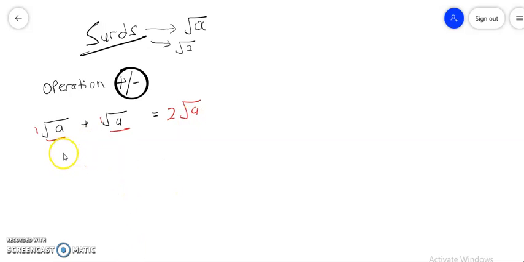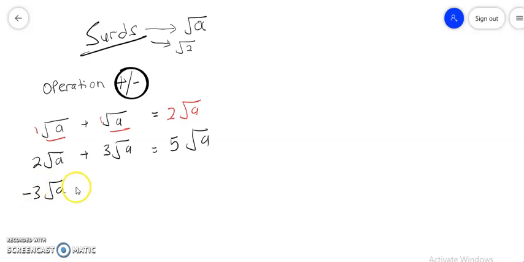Now we make the question a bit more complicated, like 2 square root of a plus 3 square root of a, which gives 5 square root of a. Negative 3 square root of a minus 8 square root of a becomes negative 11 square root of a.